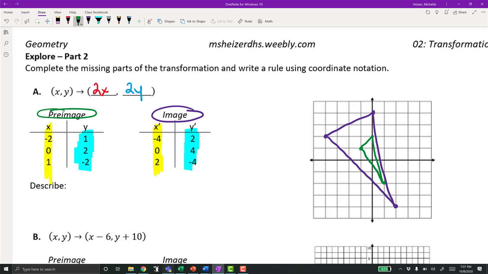Can you tell what happens between the green and the purple? Going from green to purple, it gets larger. We're not looking for anything super specific, just a general explanation of what happened. It gets larger.